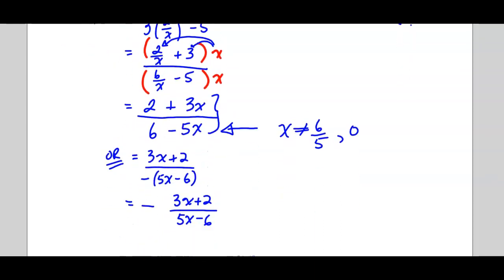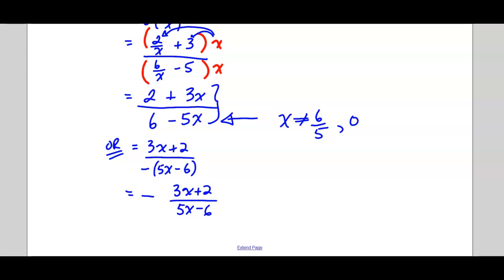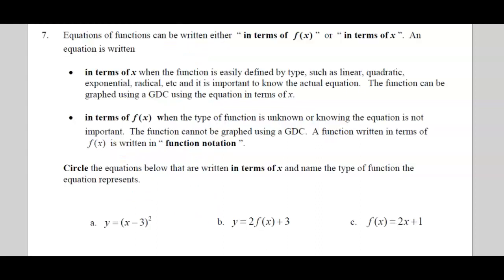All right. So hopefully you had done 6. Now we're going to go on to 7, which I didn't ask you to do. Maybe you looked ahead. Take a look. It says equations of functions can be written either in terms of f of x or in terms of x. So what's the difference? So in terms of x, what does that mean?